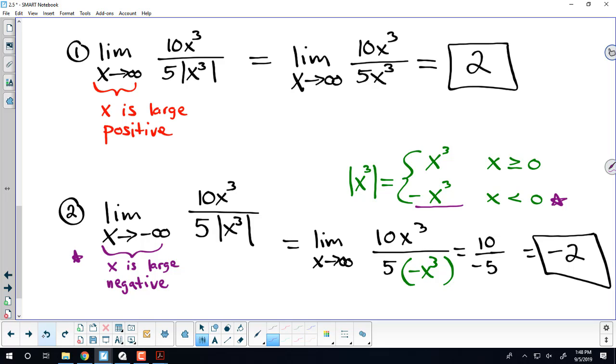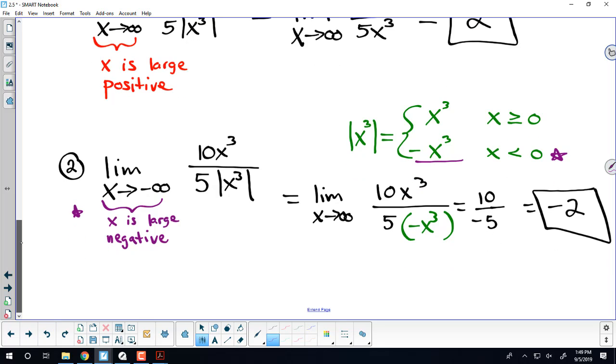It doesn't jump in value from positive to negative. Think about it that way if you want. But the cube of a negative number is always negative.